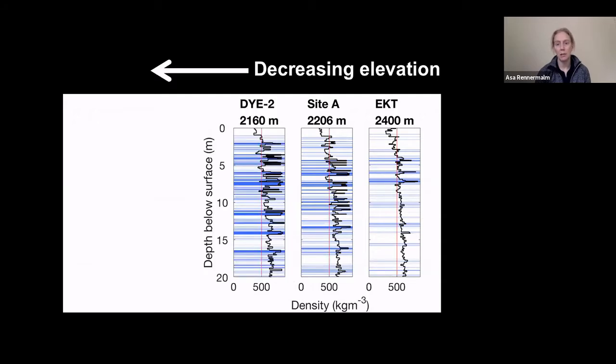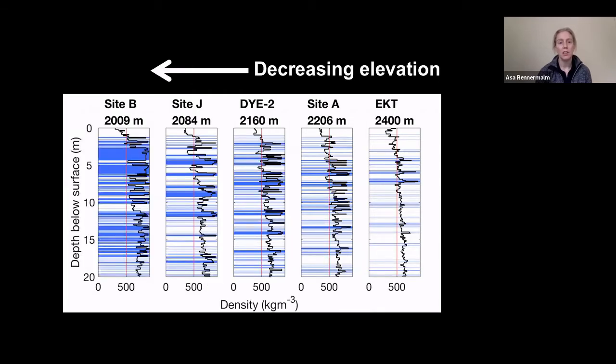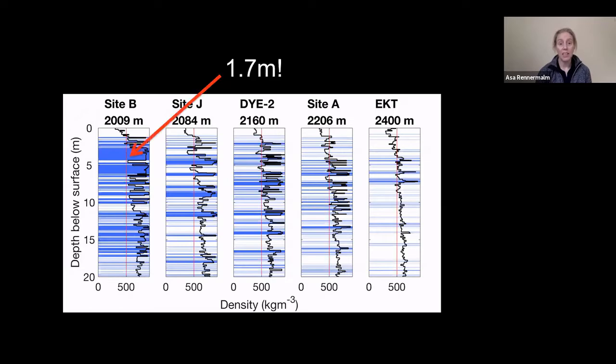And this pattern just increases as you go down. And eventually when you reach the lowest elevation site, there's a lot more ice than at the highest elevation, and it's much, much denser. And down here, we see the thickest ice layers, almost 2 meters. So it's very thick. It was difficult to get up.